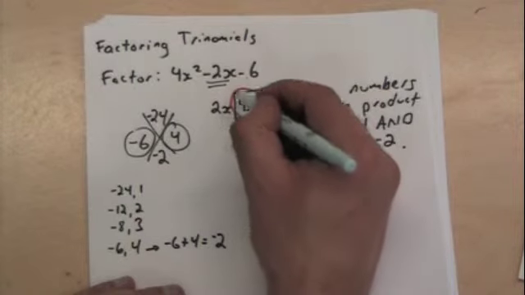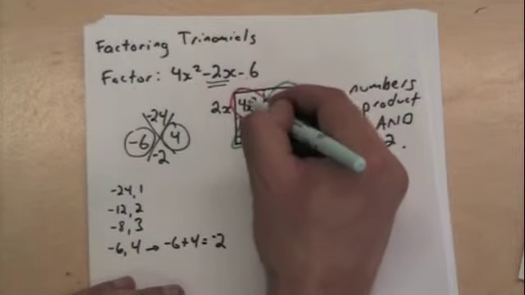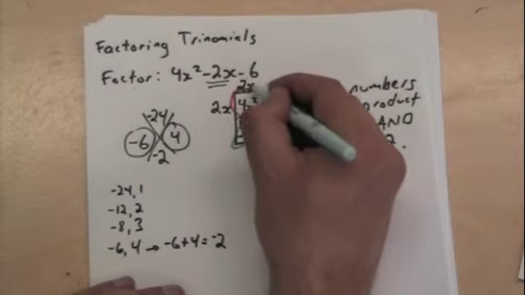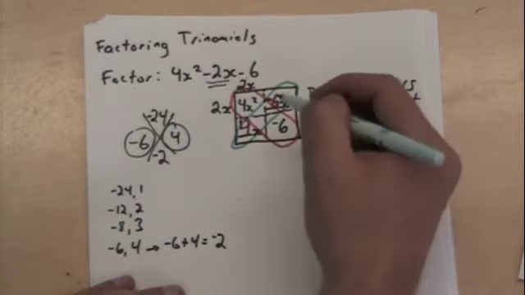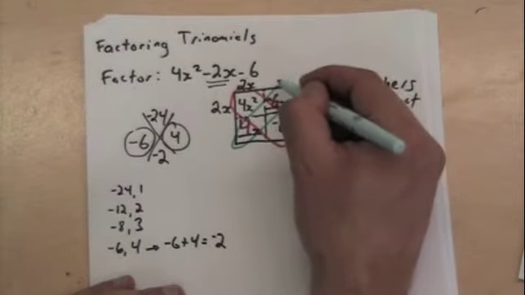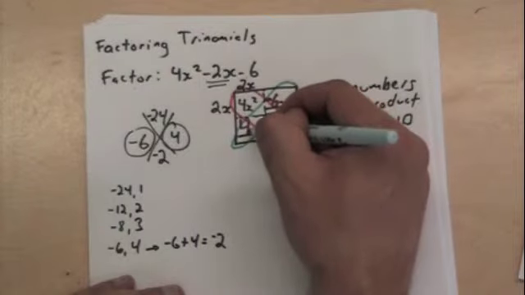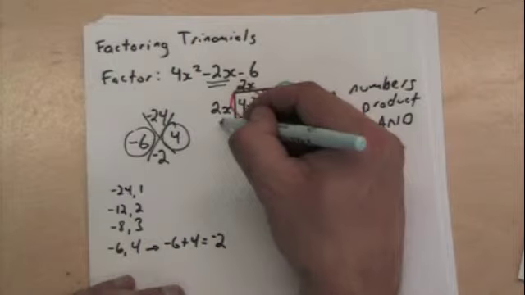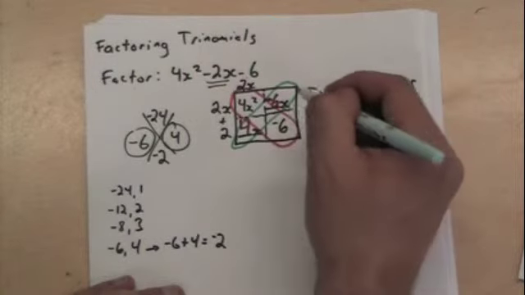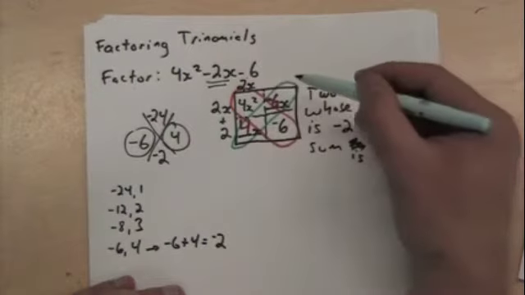Well, if this is 2x, what does this have to be to multiply to 4x squared? It also has to equal 2x. And if that's 2x, then what does this have to be? 2x times what number gets me 4x? It has to be positive 2. And if this is 2x, what does this have to be?